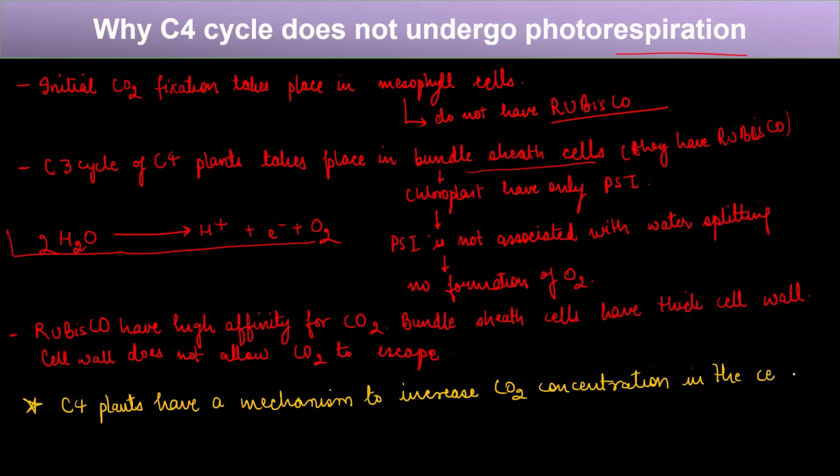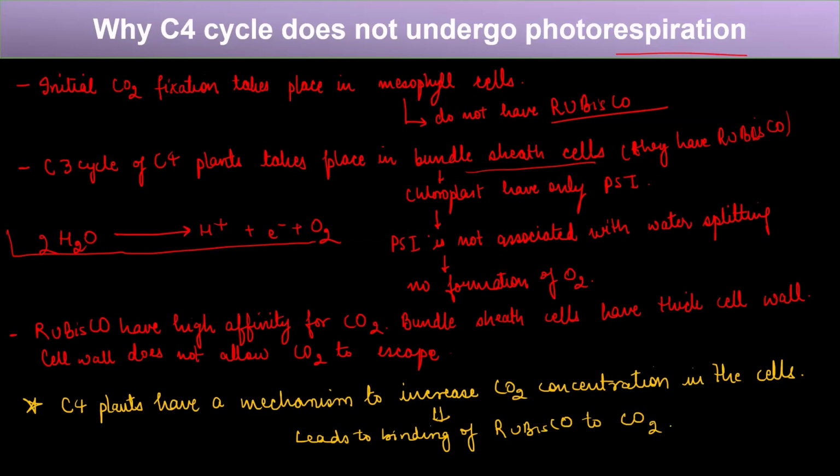And if the concentration of carbon dioxide increases, what will happen? Rubisco will only bind to carbon dioxide. So it will ultimately lead to binding of Rubisco to CO2. And because of these reasons, this C4 cycle does not undergo photorespiration.